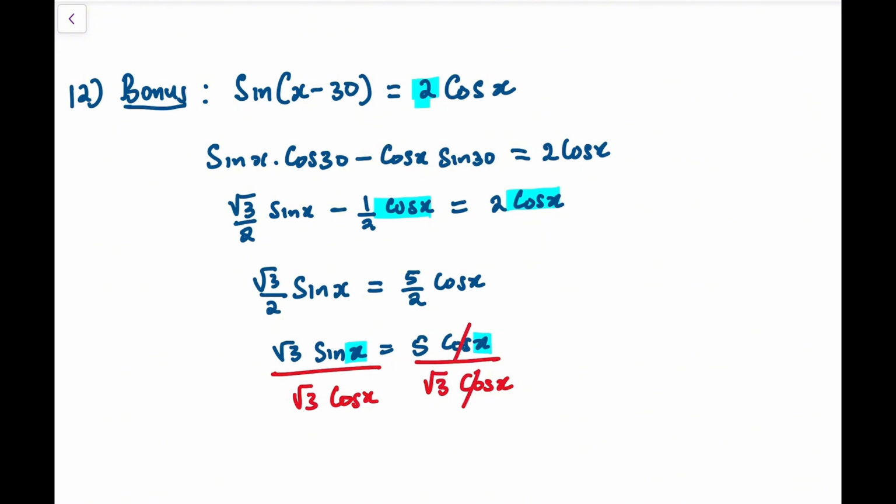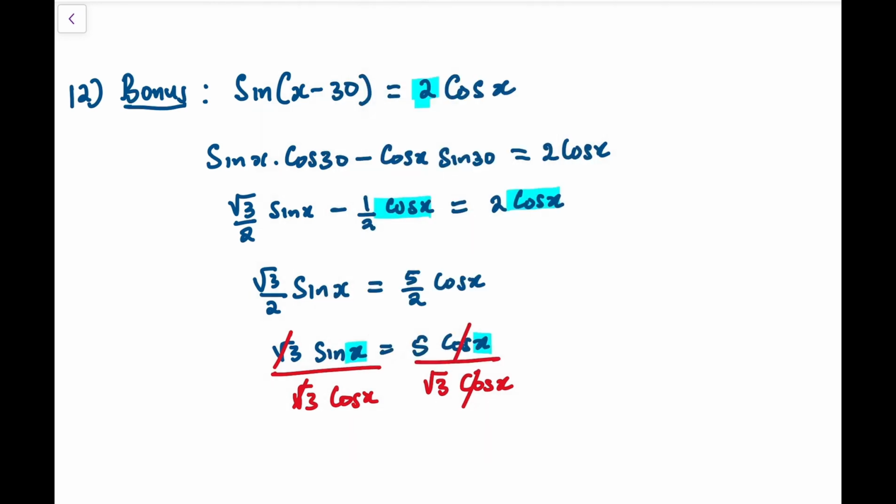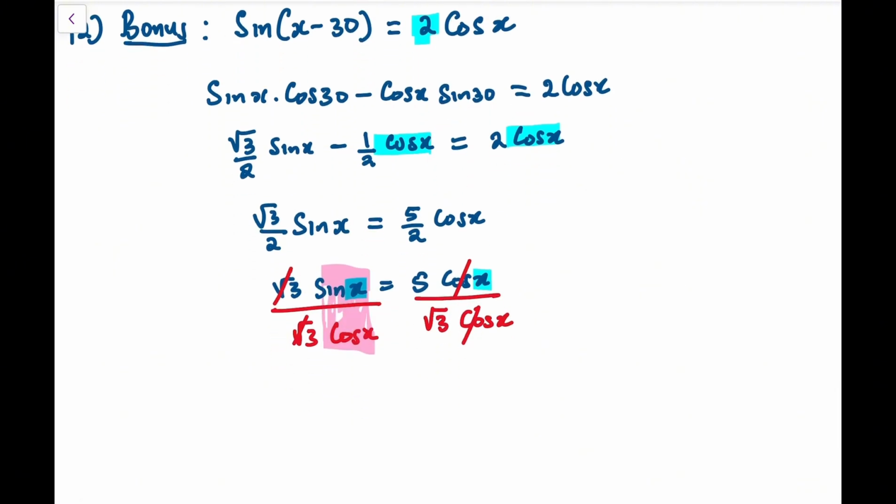So this and that will divide each other, and then √3 and √3 will also divide, and then we have an identity. Remember, sine x over cos x is the same as tan x. So we have tan x is equal to 5 over square root of 3.